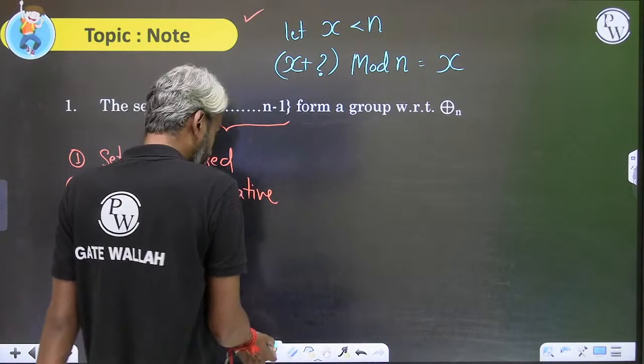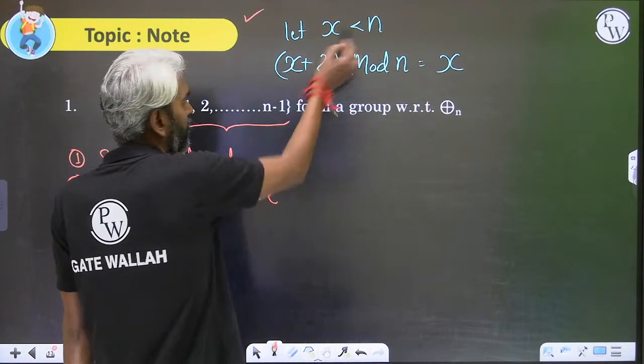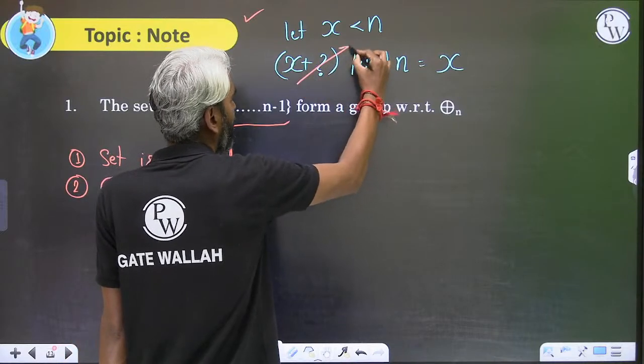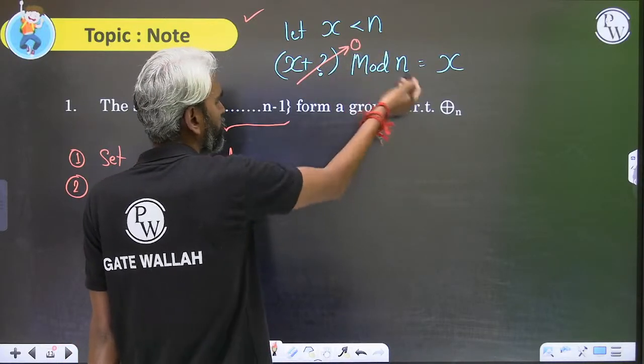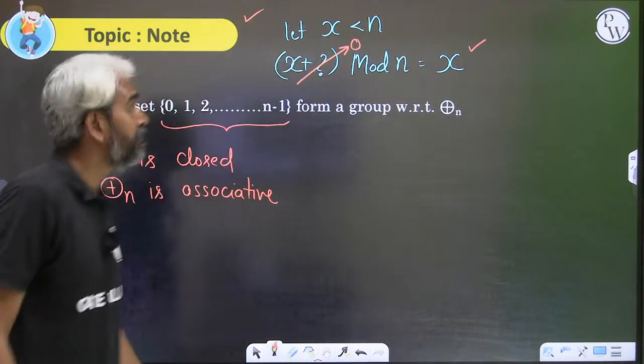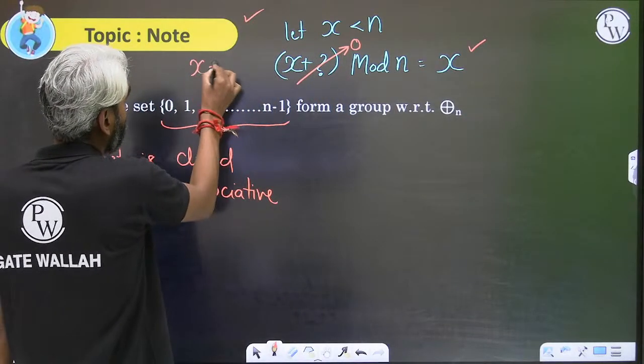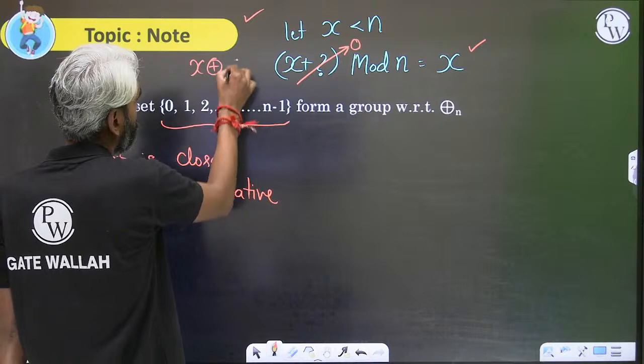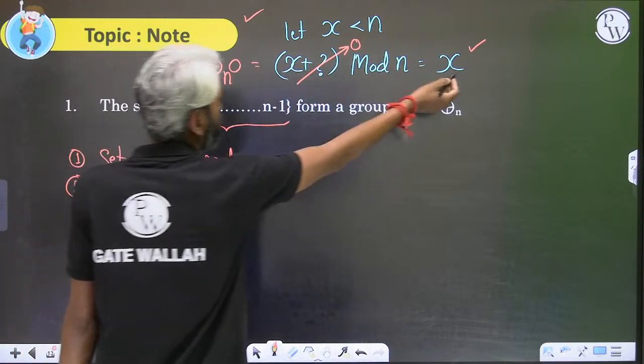Now, this x is already less than n. If we do not add anything and simply divide by n, then the remainder will come out as x only. That means x addition modulo n with 0 will be equal to x only.